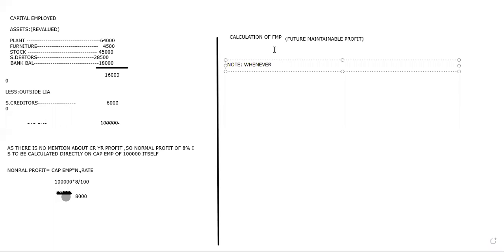Whenever profits for a few years are given, I say a few years because sometimes he'll give only 3 years, sometimes 4 years, sometimes 5 years.